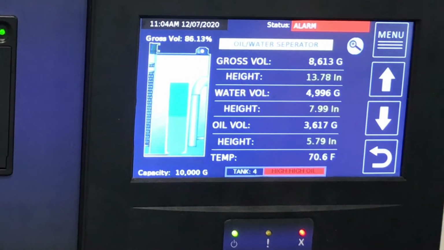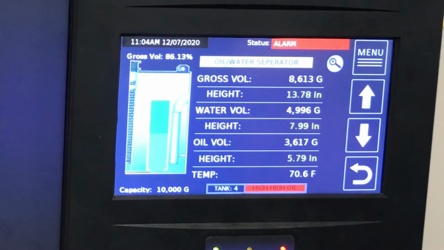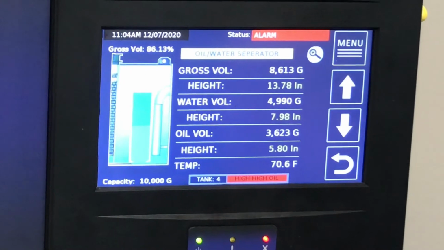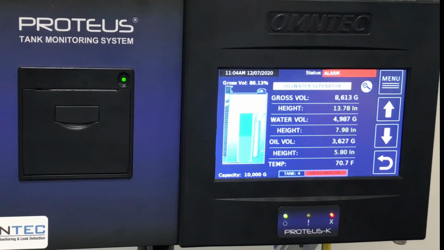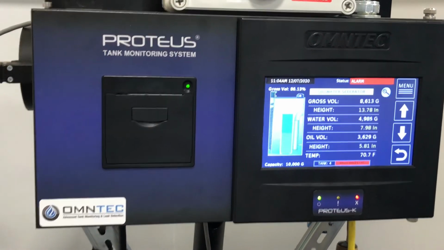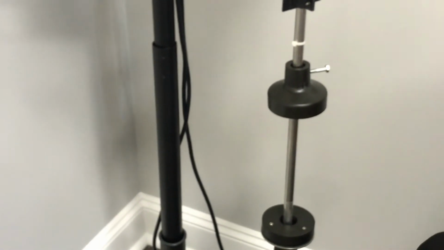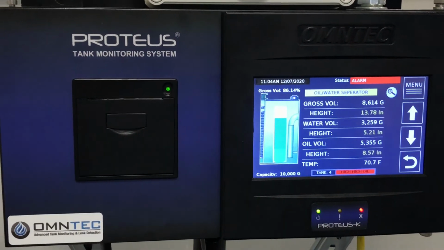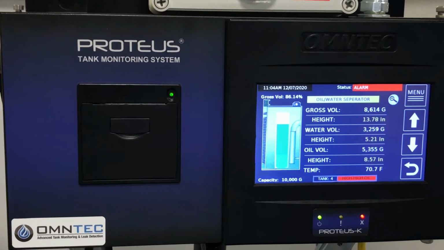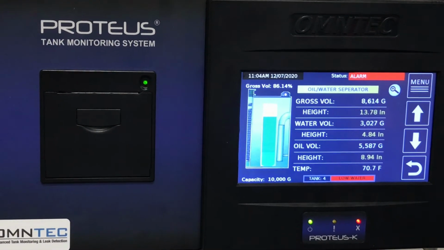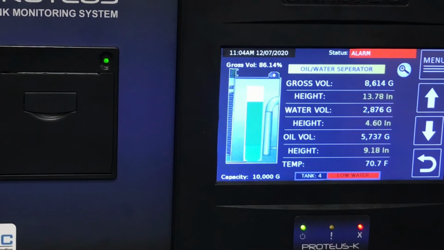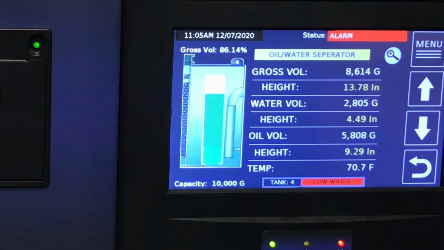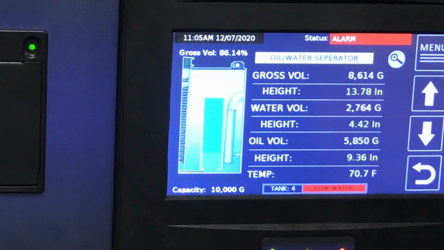The last alarm to review is what they call the low water alarm, and the low water alarm could be caused by two different functions. If the oil level were to continue to increase, where it's getting close to the bottom of the tank, you get a low water alarm.